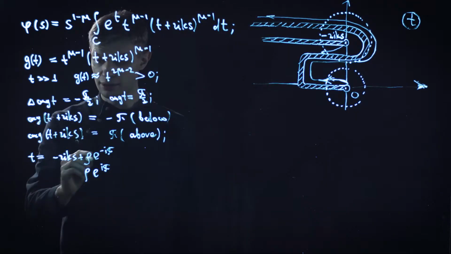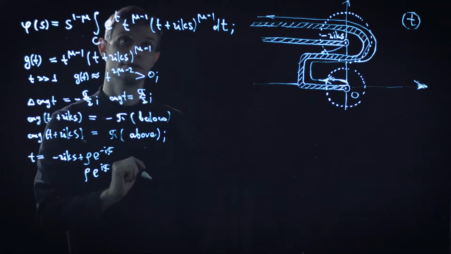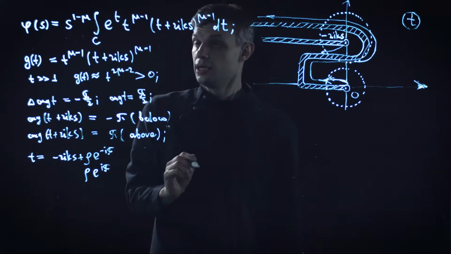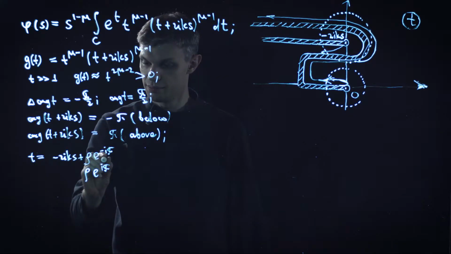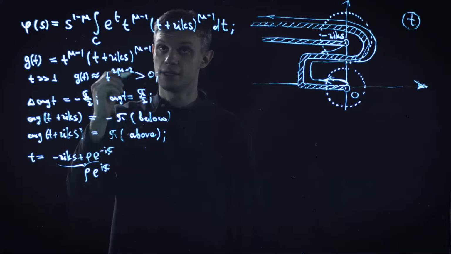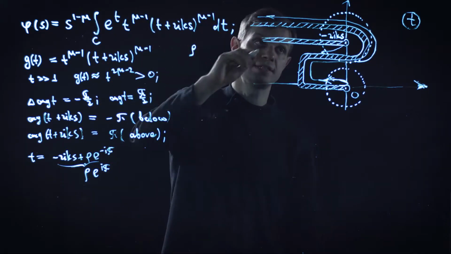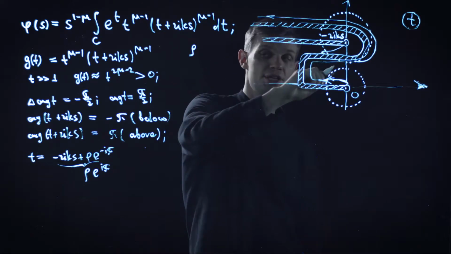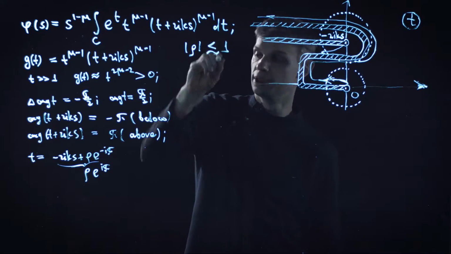And we just plug this decomposition into our exact solution. So now t becomes that kind of thing. And the convergence of the integral is defined by the small vicinity of this branch point. So rho is less than or of the order of 1.